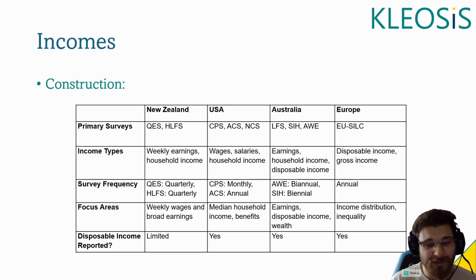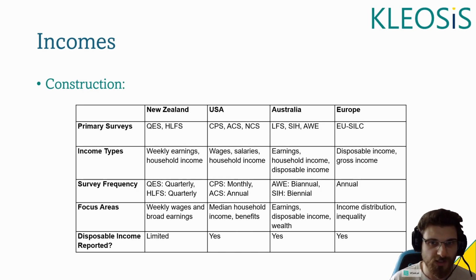And then the last area related to income is this idea of disposable income. So this is where New Zealand falls a bit flat, and it's regrettable, honestly, as a professional economist. Up to about 2018, we had a survey called the Household Economic Survey, and this survey asked people what they spent on different goods, and then from there, because it also asked their income, we were able to understand what their disposable income was after all their expenses.